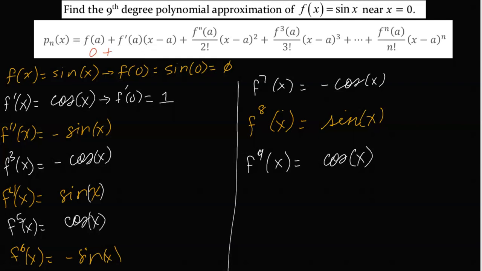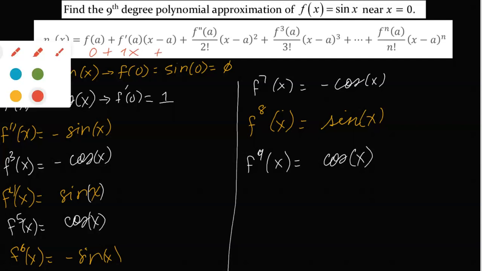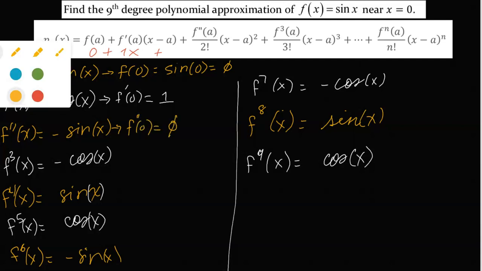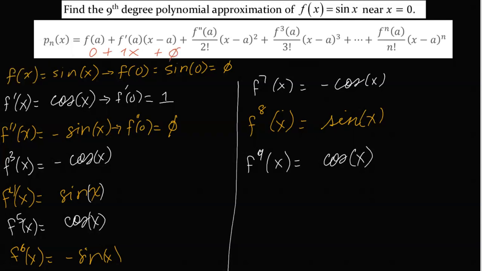Okay, so that will just be 1x plus the second derivative over 2 factorial. 2 factorial is 2. So then we need to evaluate the second derivative at 0, and that is 0. So this whole value here is going to be 0. Okay, 0 times anything is 0.